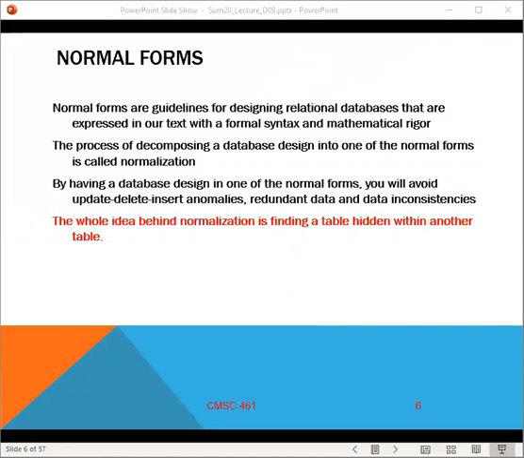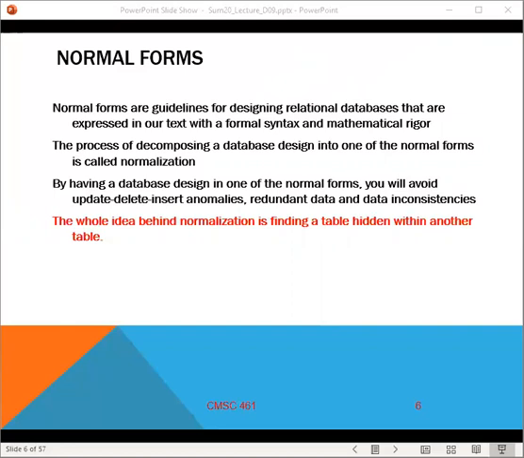No data item will be unnecessarily stored in more than one table. All non-prime attributes in a table are dependent on the primary key. And each table is void of insertion, update, and deletion anomalies.